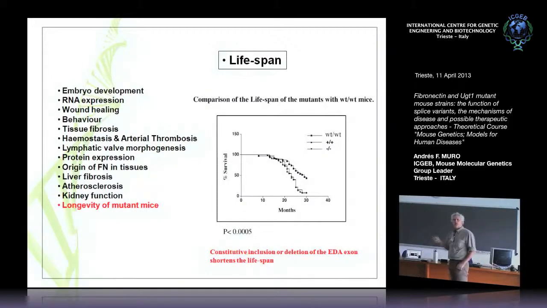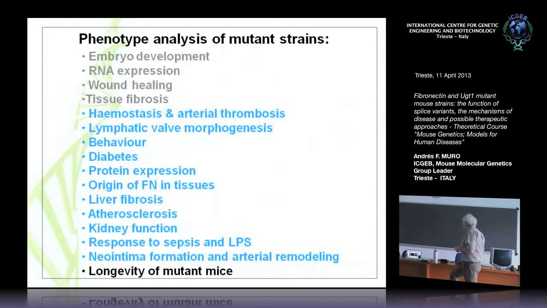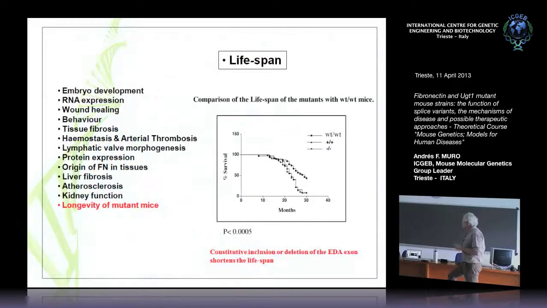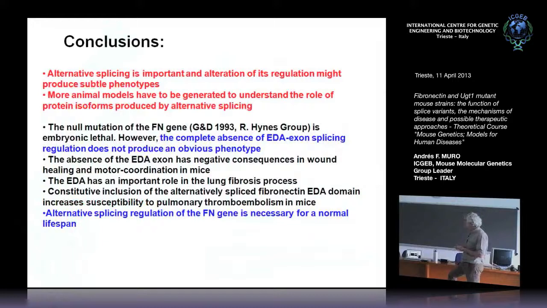So this leads to the conclusion that, at least in the case of fibronectin, the normal regulation of alternative splicing is essential for a correct lifespan. So it means that over time, those animals are accumulating minor problems that lead to a reduced lifespan. So this is the idea.